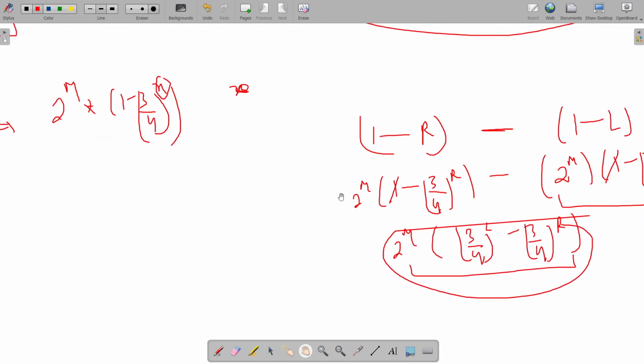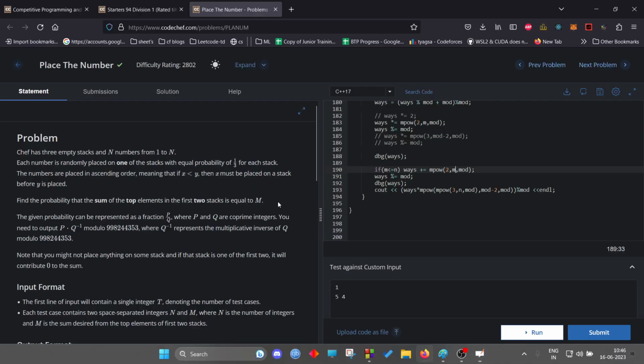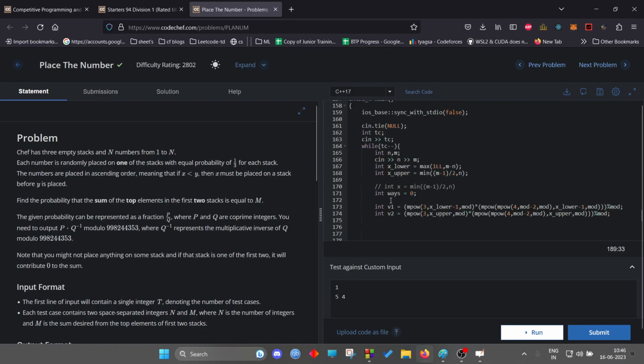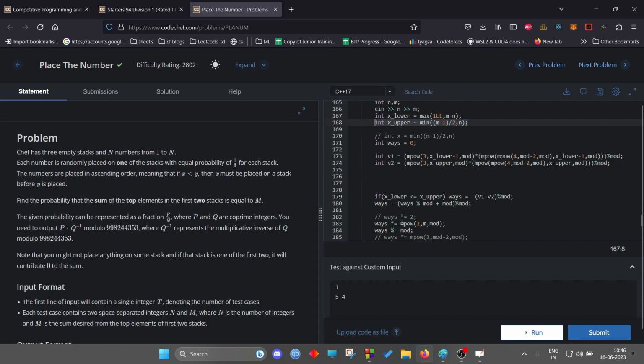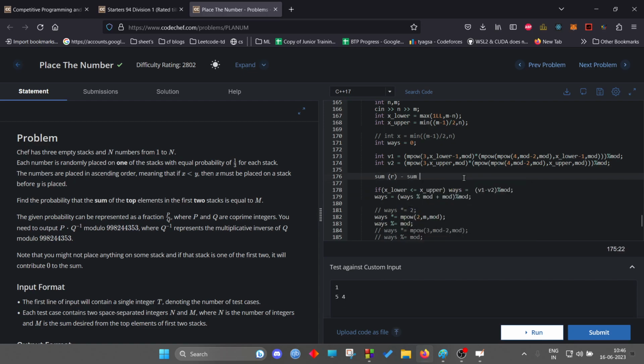That is all for the solution to this problem. I will show you my code. So I find the lower limit on x and the upper limit on x, and then I'm subtracting the sum till r minus the sum till L minus 1.